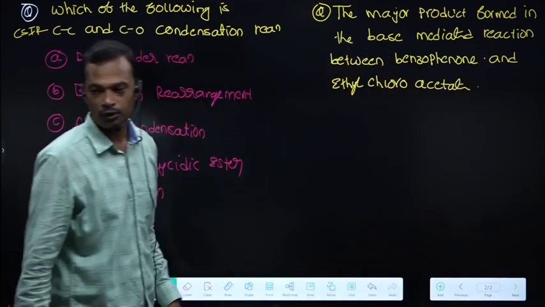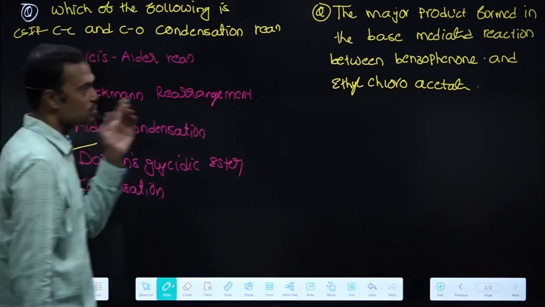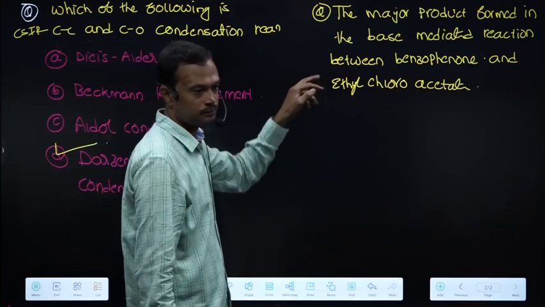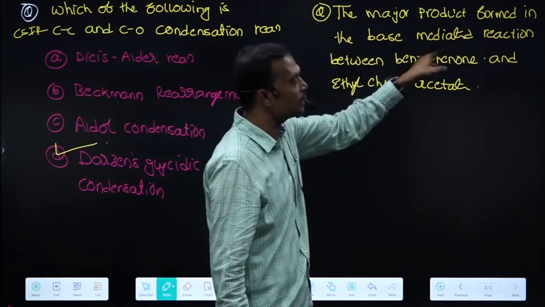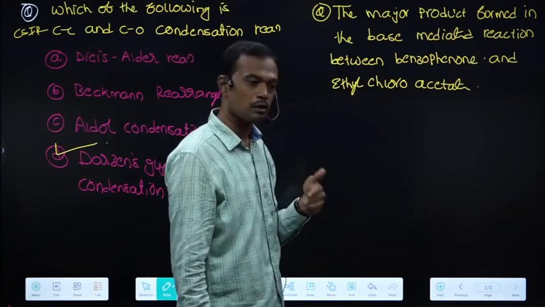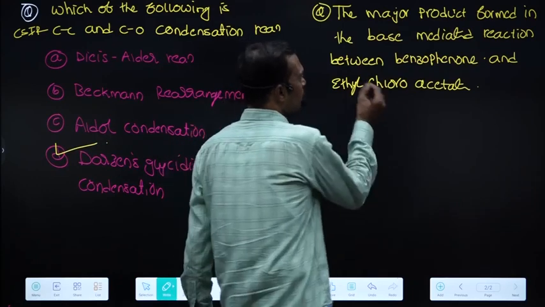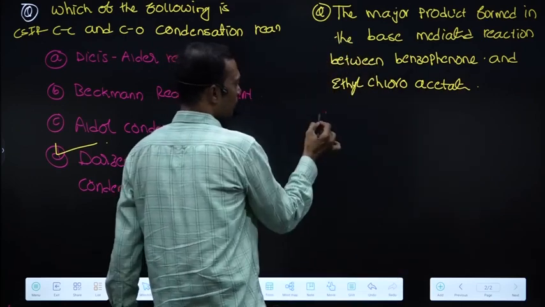Like this, they will frame the statement. They won't give the reaction, but the options will give reactions. So you should be strong in IUPAC nomenclature. It is a base mediated reaction; many base mediated reactions are there. And they gave it between benzophenone and ethyl chloroacetate. Okay, now see the options.